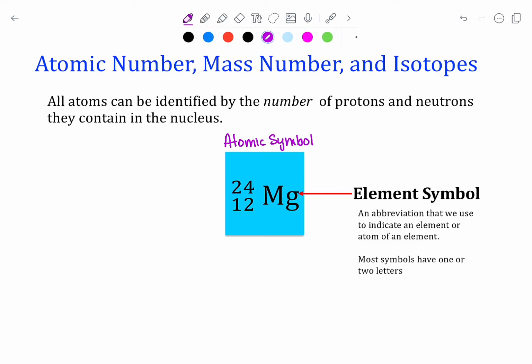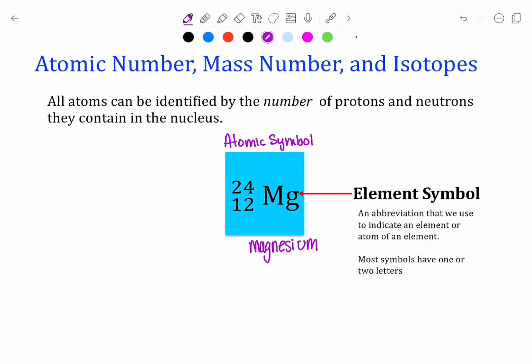So Mg is magnesium. So they can be easy to remember. Some of them are not as easy because they come from different language origins. So what we call the element in one language is not how it would be spelled in a different language.